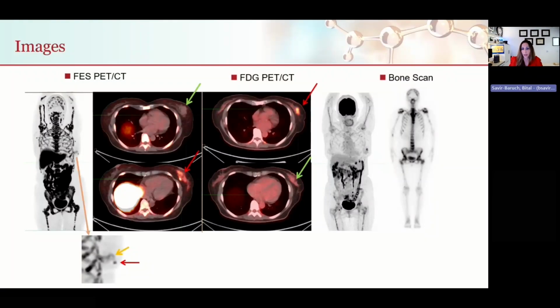The lesion that had increased hypermetabolic activity demonstrates no expression of estrogen receptors, and the rest of the lesions that demonstrate estrogen receptors are not showing any FDG uptake. Therefore, this patient would be eligible for endocrine therapy because this is the dominant disease that she has.